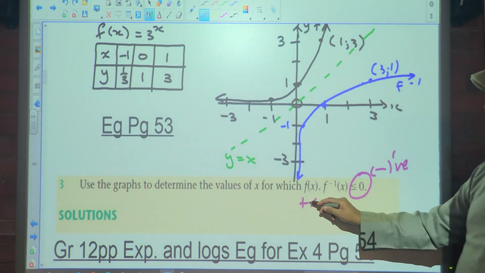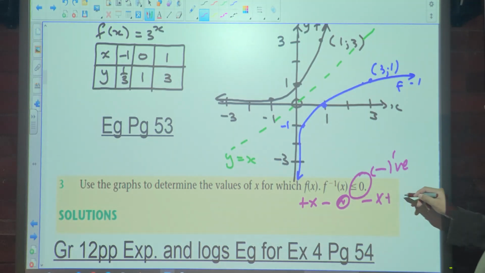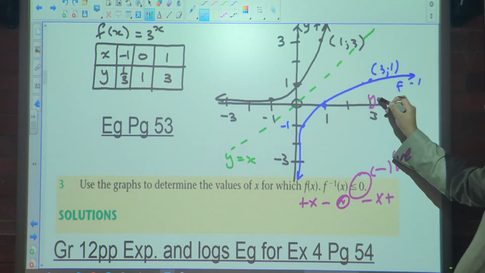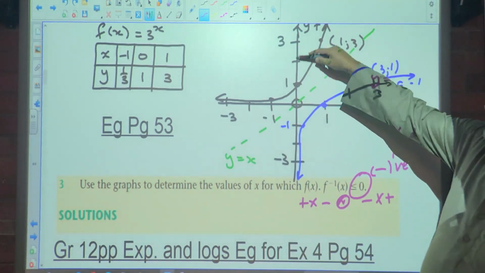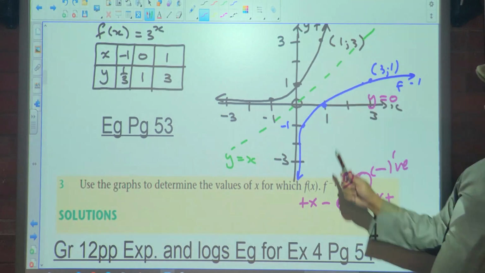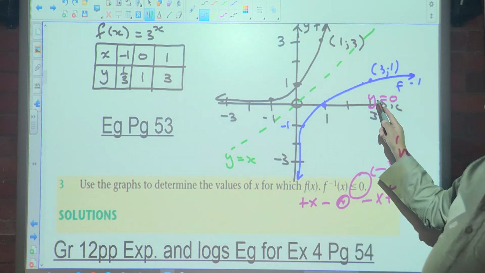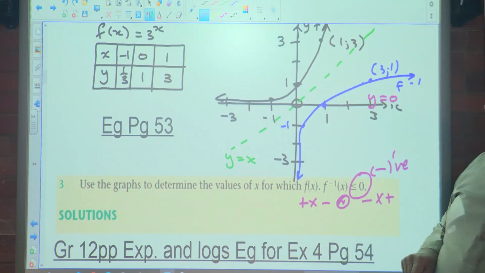One is positive and the other one is negative, or one is negative and the other one is positive. So when is a graph positive? It is lying above the x-axis. Can you see all the positive values for y? And remember, f of x is a y. So it is above here where all the y values are positive.